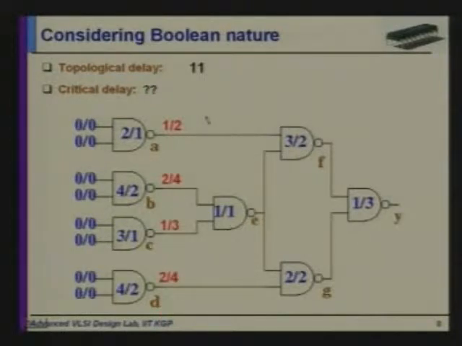Okay, clear? So can you tell me what the delay will be for node E? For node E, you have to consider only these two values, 2/4 and 1/3. 4 plus 1 is 5.